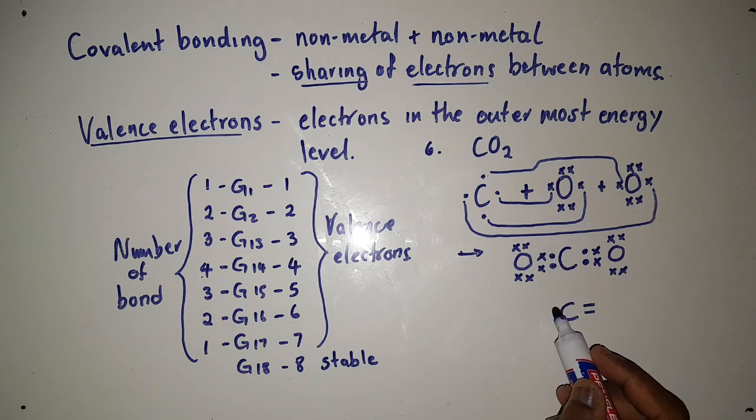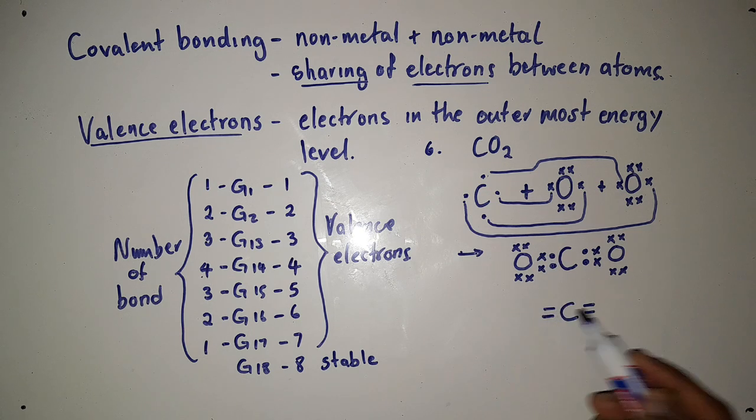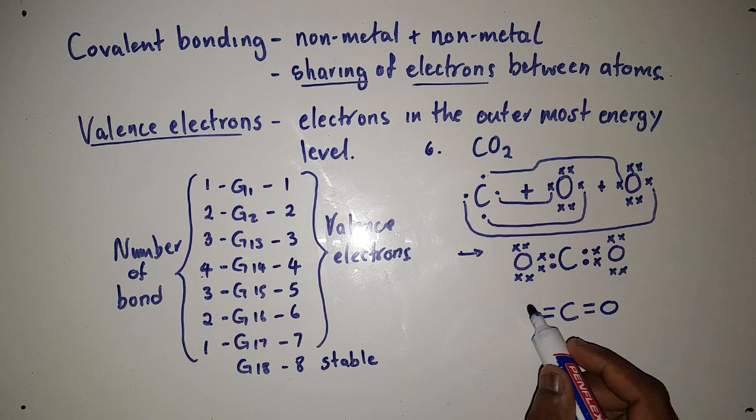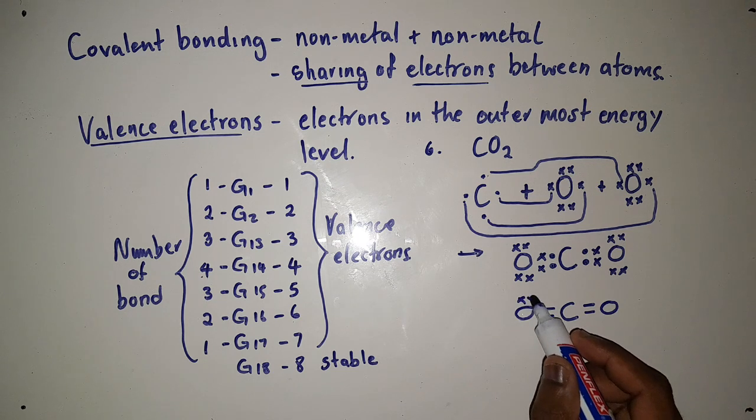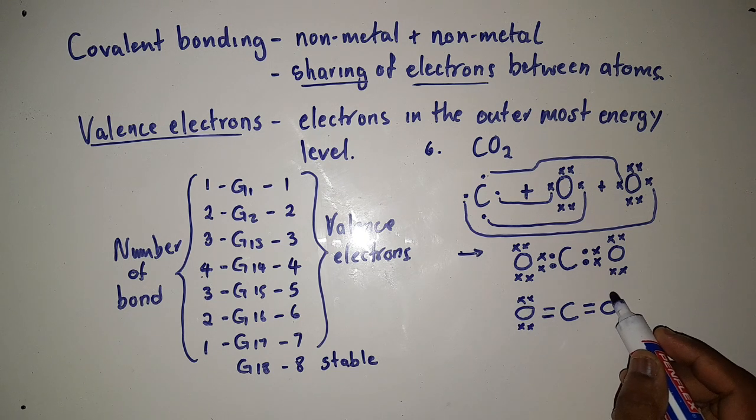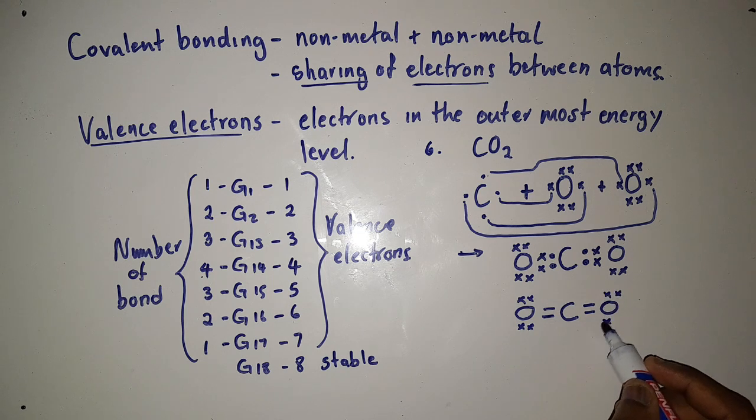Same here, we get a situation which is like this. Then now I draw, let me just put X, like this. You see, I have double bonds in between now. Then it's not difficult, isn't it?